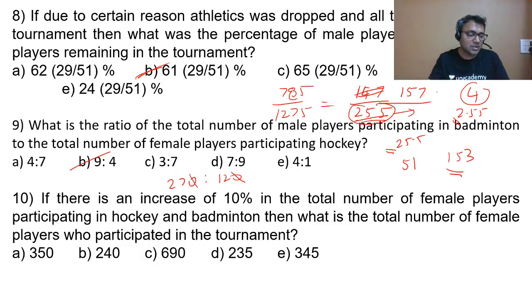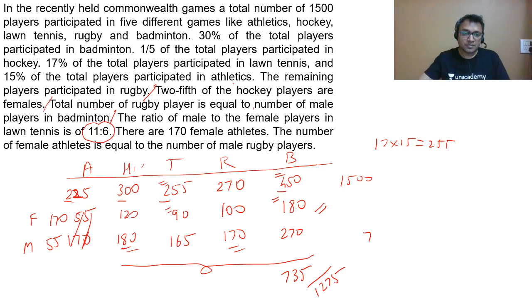And if there is an increase of 10% in the total number of female players participating in hockey and badminton, then what's the total number of female players who participate in the tournament? Female players in hockey and badminton together is 300. An increase of 10% is an increase of 30, so these become 330.